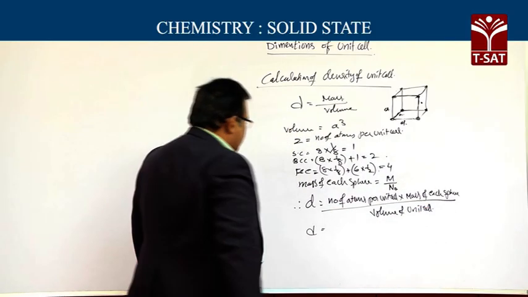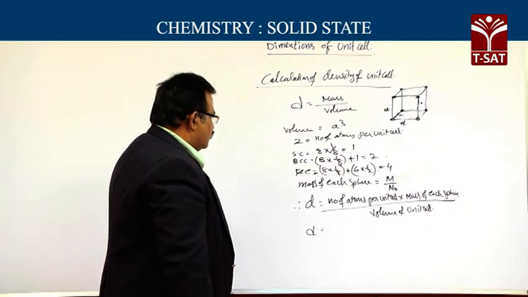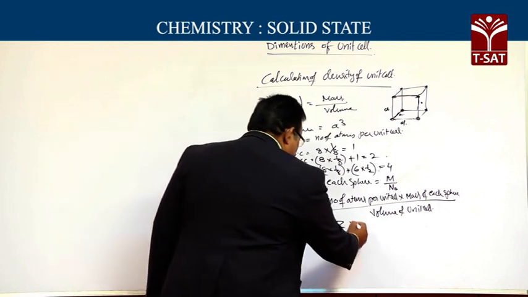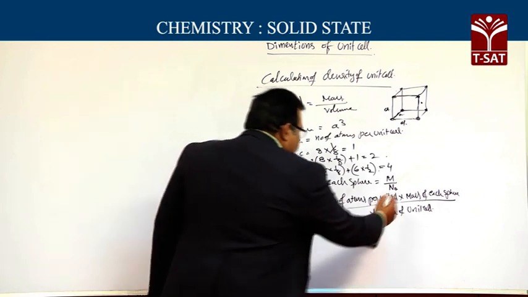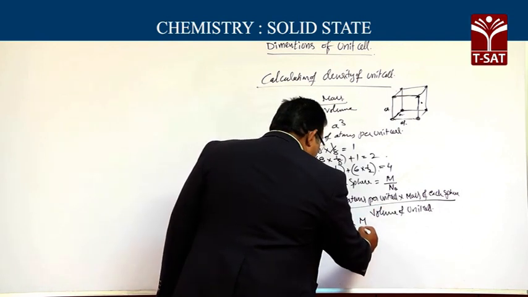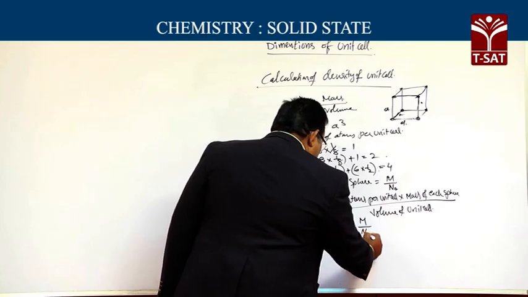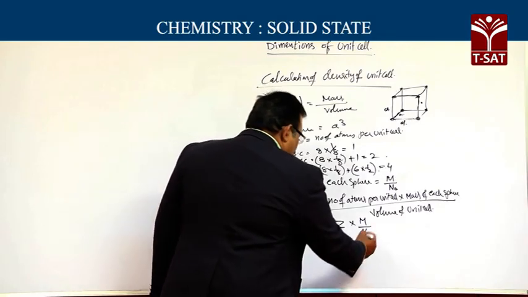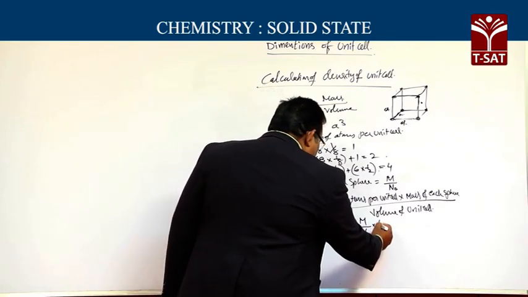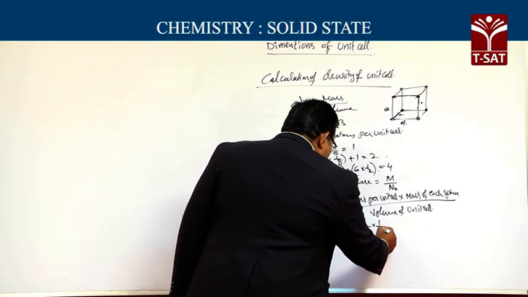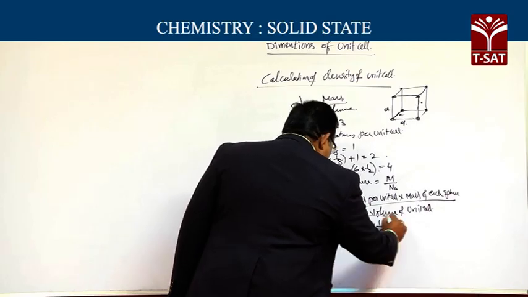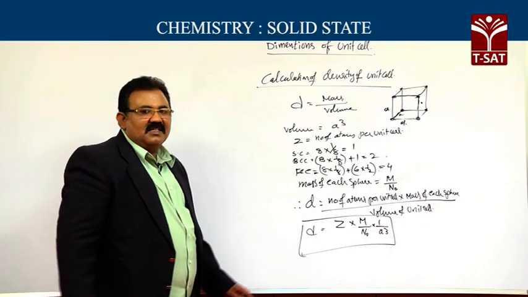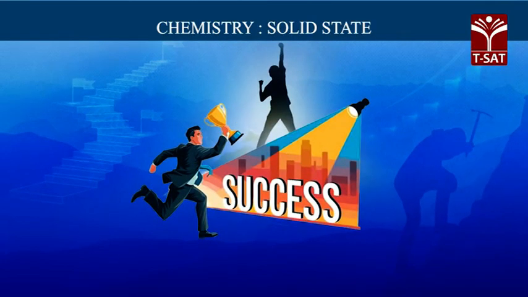So, d is equal to number of atoms per unit cell Z, into mass m by Avogadro number, by volume of the unit cell, which is a cube. This is the formula used to calculate the density of the unit cell.